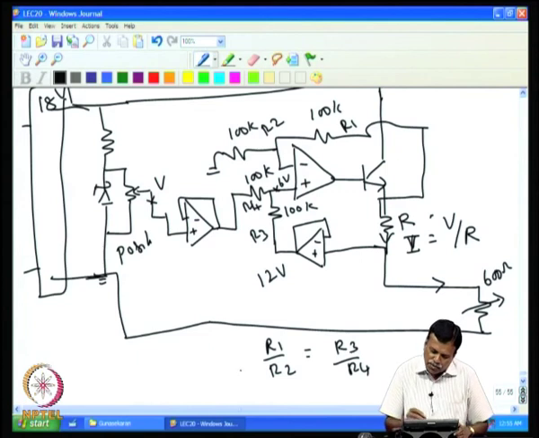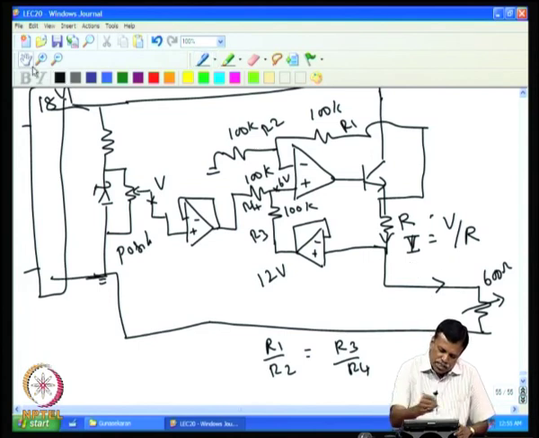If the ratio is not maintained, then when the resistance changes, the current also will change. For example, if the user changes this resistance, then the voltage developed across this will change. That voltage will produce a different error at this point and at this point, because this voltage is applied at this point by the ratio of these two resistances.